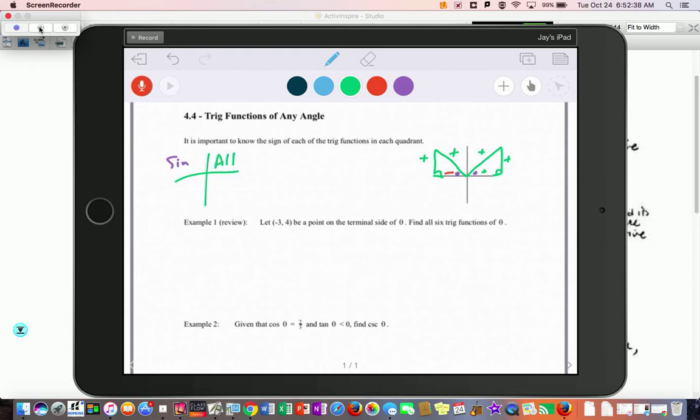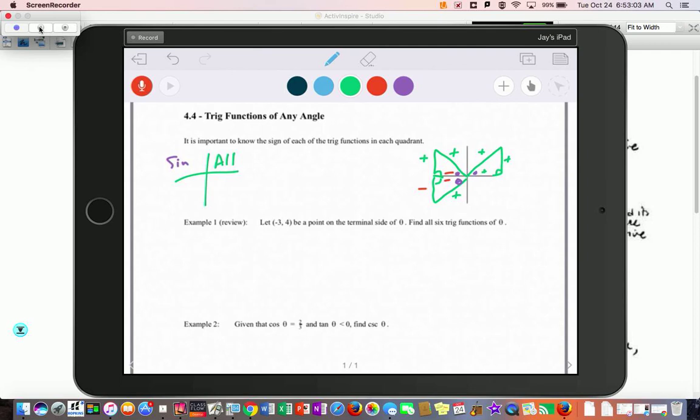So now when I go to the third quadrant, I get my theta in there. This time, going left is negative, going down is negative, but the hypotenuse stays positive. So if you take the opposite and hypotenuse, you're using a negative side and a positive hypotenuse.